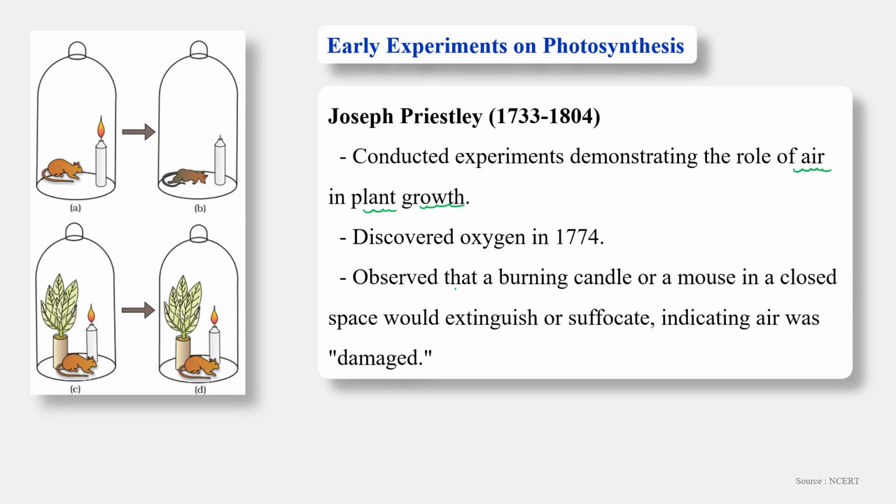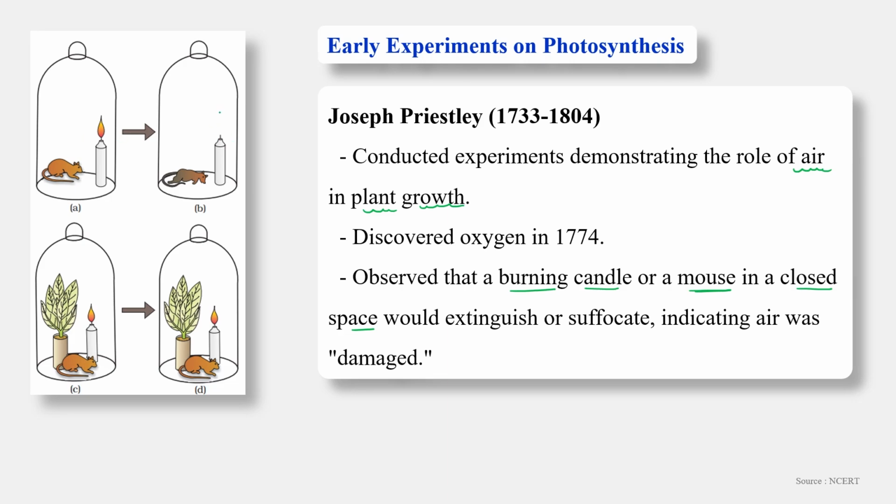Okay, and he observed that a burning candle or a mouse in a closed space would suffocate, indicating the air was damaged. Means if this is a covered jar, and he burns a candle and puts a mouse in this particular jar, after some time, what happened?